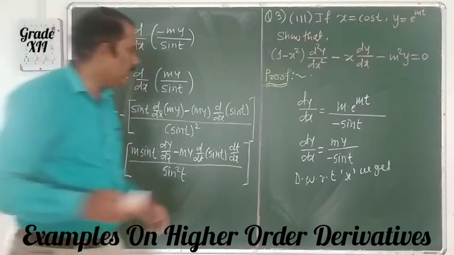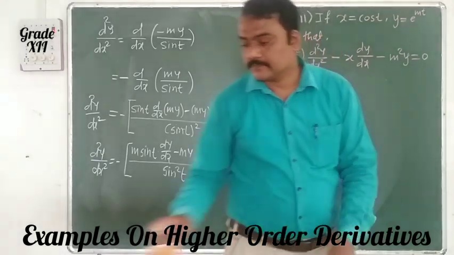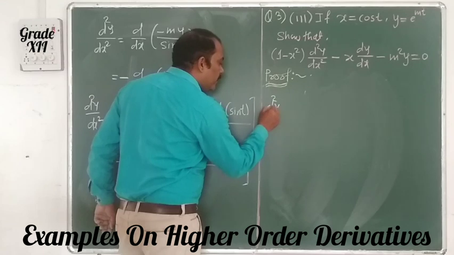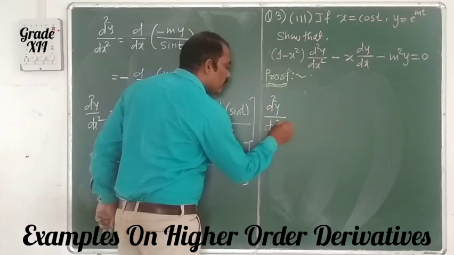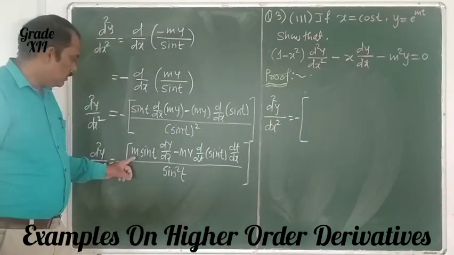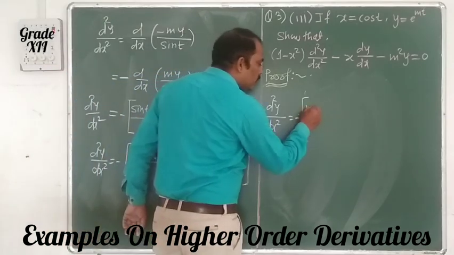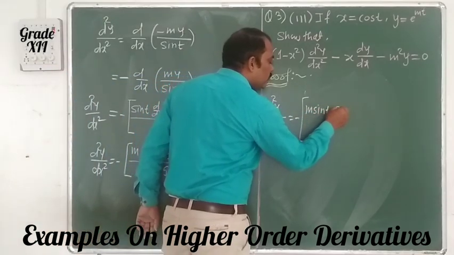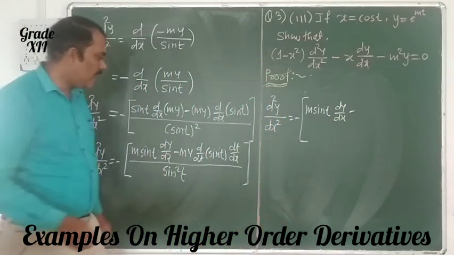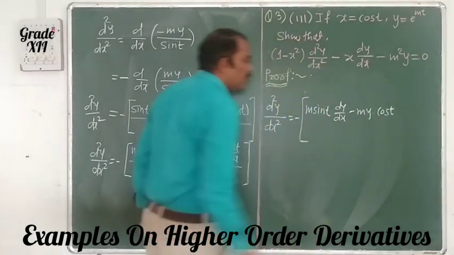So d²y/dx² is equal to minus into bracket m sin t dy/dx, as it is, minus m y as it is, into cos t. What is that cos t?